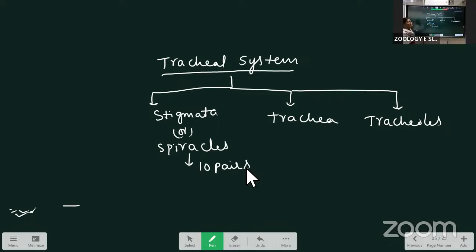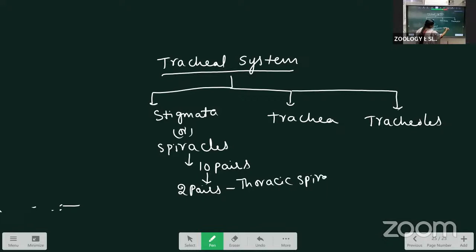The cockroach body is divided into segments: head, thorax, and abdominal region. In the thoracic region, the middle region, two pairs of spiracles are present. These two pairs are called thoracic spiracles because they are present in the thoracic region.